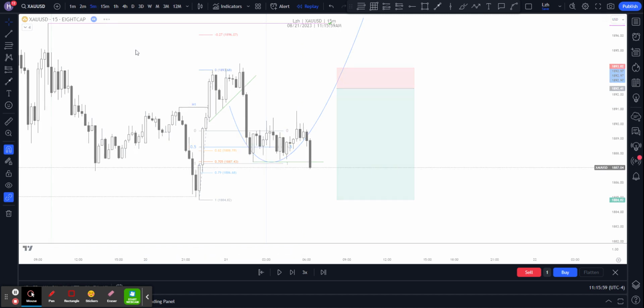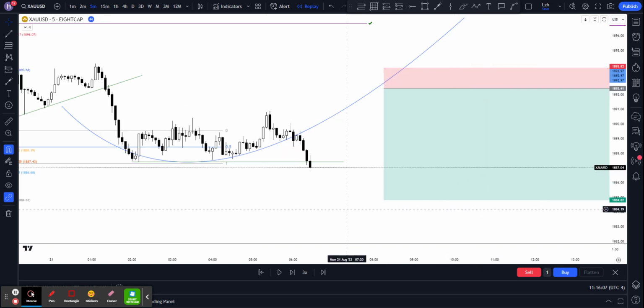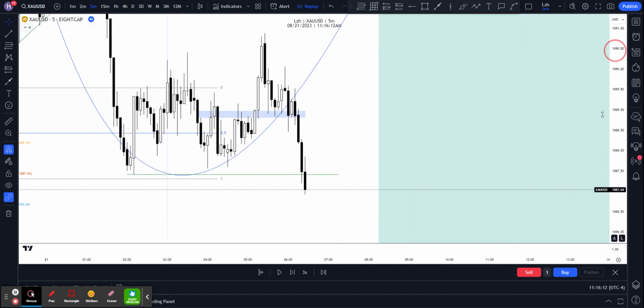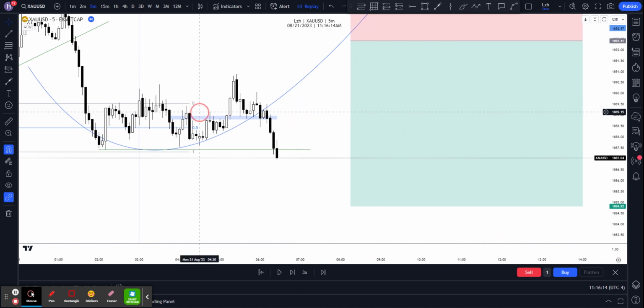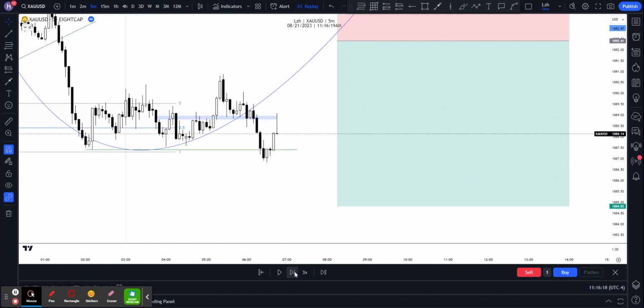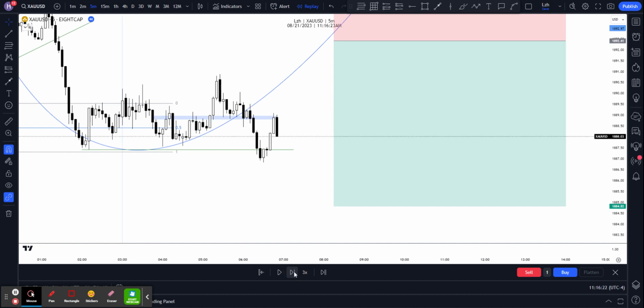And we can go down to the M5, which is the 5 minute time frame, and wait. Let's see if we can get a break of structure in terms of the 5 minute candle.